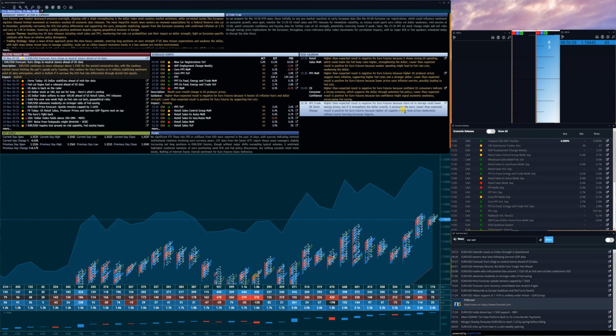For example, some economic release may move the dollar up, but you still see the euro dollar going up as opposed to going down. That happens, and the reason why is that when the market feels confident, it will tend to take more risks.